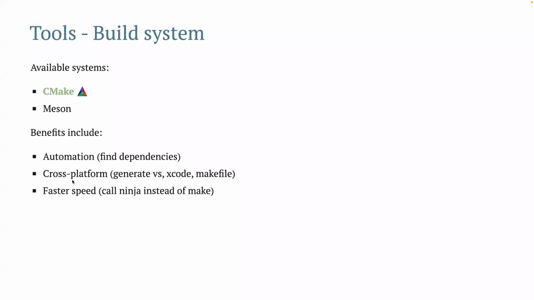It's also cross-platform. Even if you are working on Windows, it can generate a Visual Studio project for you, and if you're on Mac, you can generate an Xcode project. This can also give you a faster building speed, because in the generator layer, it can call Ninja instead of Make, which is maybe several times faster than Make.